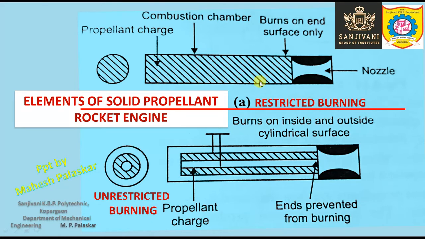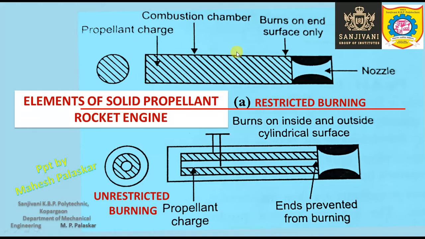So, this mixture is present in the solid form, and it is present in somewhat cylindrical shape. So, this is a cylindrical shape, and it contains the propellant charge, and the propellant charge is nothing but a mixture of the oxidizer and the fuel.